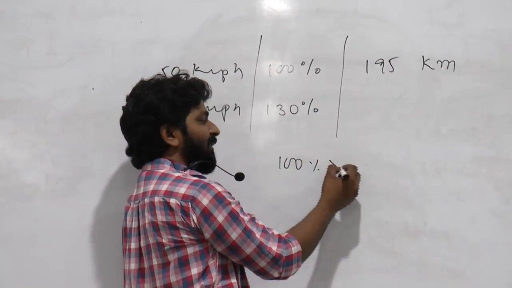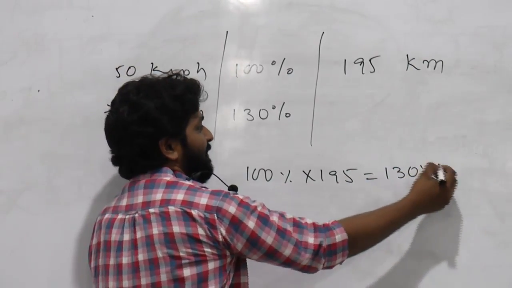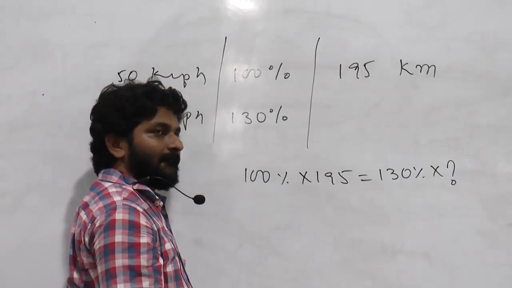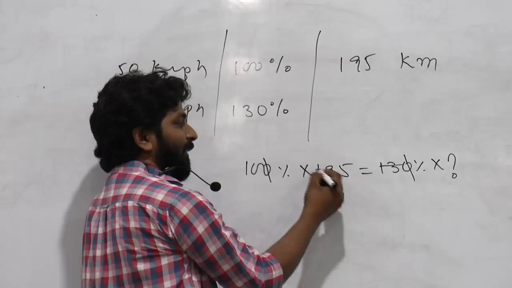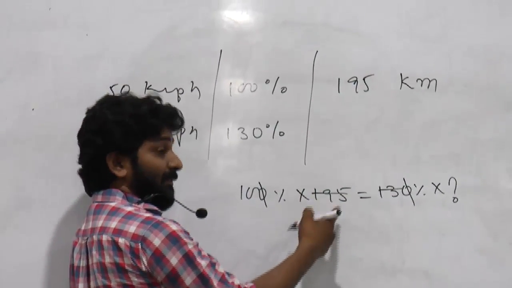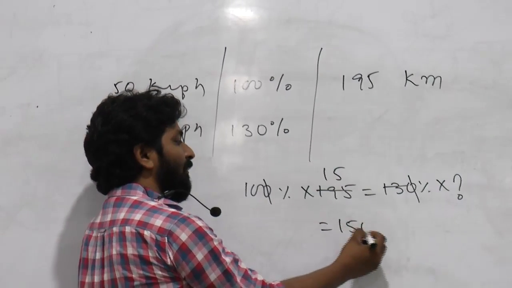With 100% you can travel 195 kilometers. With 130%, how many kilometers can you travel? Zero, zero cancel. 13 times 15 is 195, so 130 times 15 is 10 times. So that is 15 times. And now you can travel only 150.